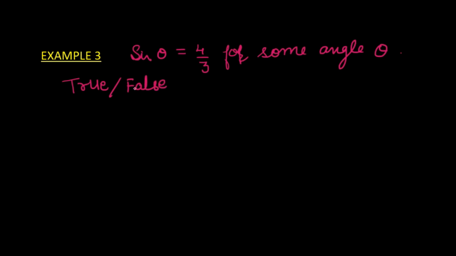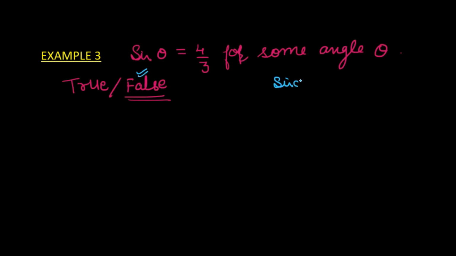What do you think? Can the value of sine theta be 4 by 3? Can we have a triangle in which for an angle the value of the sine ratio is 4 by 3? The answer is false. Sine theta can never have a value greater than 1.